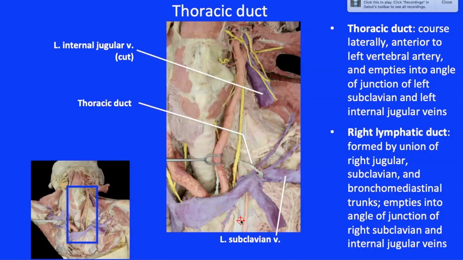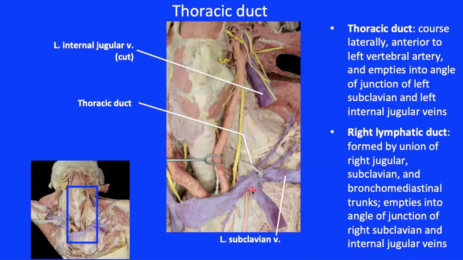And here's an image of a dissection of the left thoracic duct, delivering collected lymph back into the general circulation. The left thoracic duct travels on the right side of the posterior mediastinum, crosses over to the left side of the body, approximately at the level of the angle of Louis, and then makes its way into the root of the neck, where it will drain to a juncture where the left subclavian vein meets the left internal jugular vein.